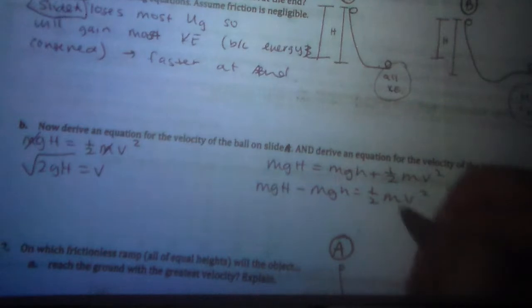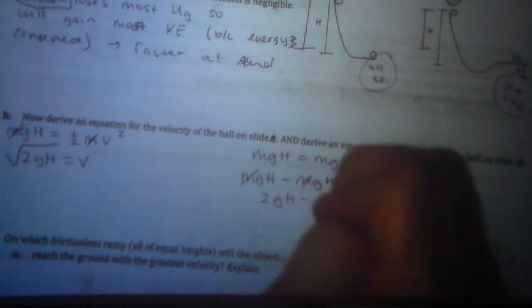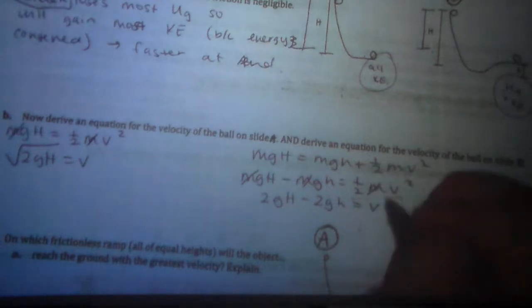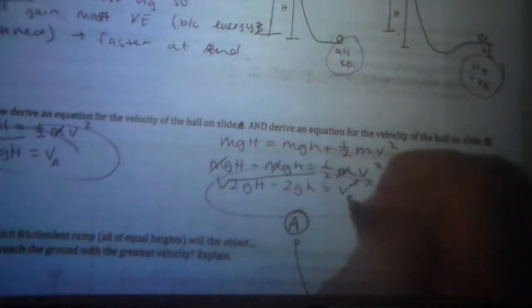Subtract over. So this is what I'm saying, the kinetic at the end is not all of it. Only some of it transferred. Cross off an M, multiply by 2. Everything gets multiplied by 2, and then v squared, so take the square root. There's your answers. This is the velocity on slide A, this is the velocity on slide B.